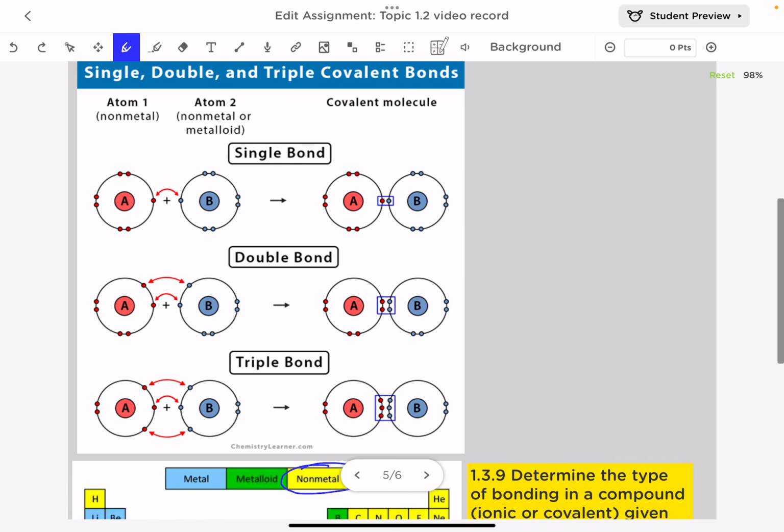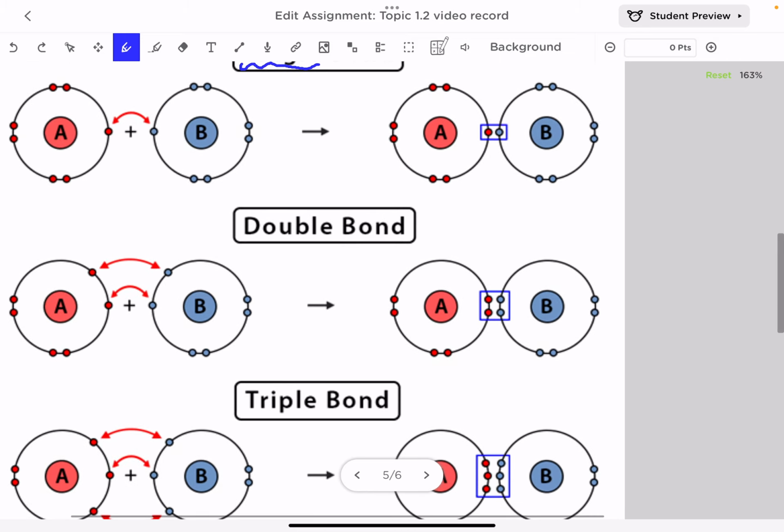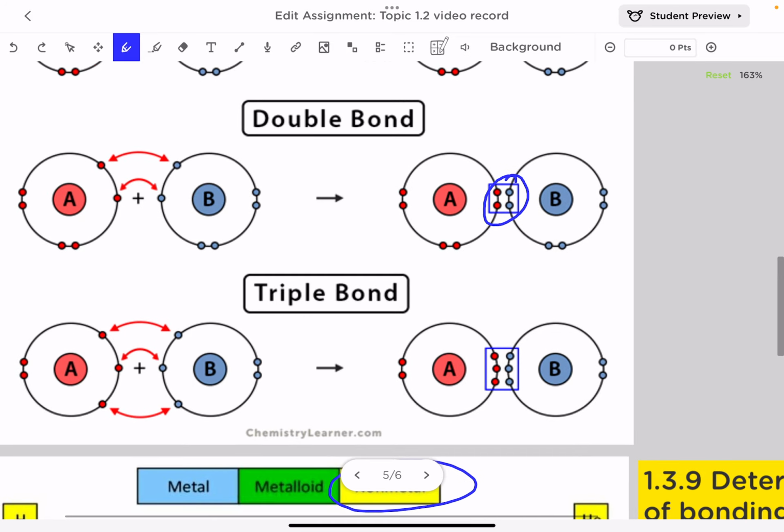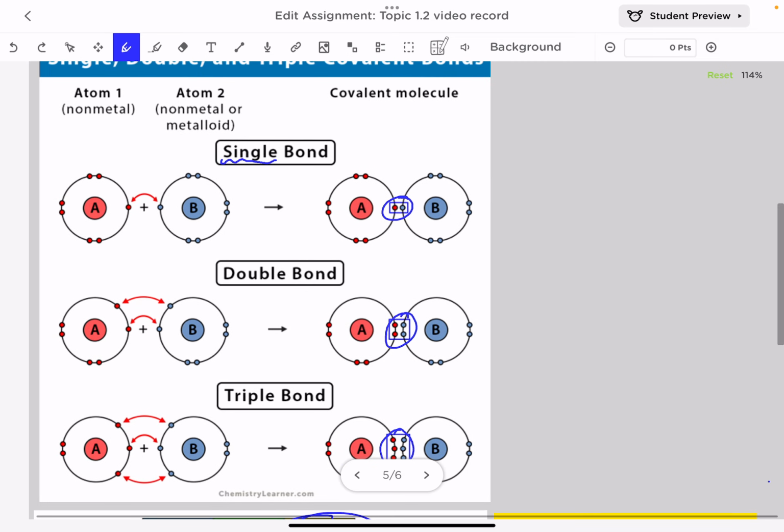Now, we have 3 categories of covalent bonds. The bond could be single. When the atoms share in common 2 electrons, the bond is single. When they share 4 electrons, the bond is double. When they share 6 electrons, the bond is triple. This is how we usually represent the bond.